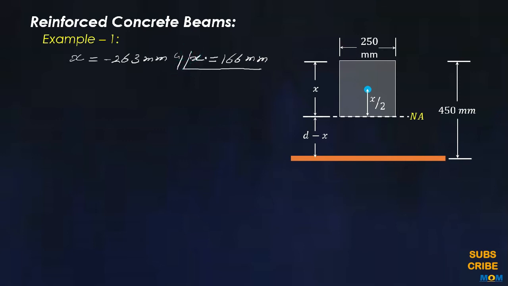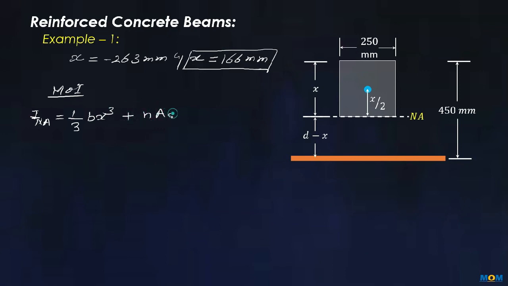Since we have to use the positive value of x, further to calculate the moment of inertia using this expression, INA, inertia about neutral axis, is 1 upon 3 bx cube plus nAs d minus x whole square.